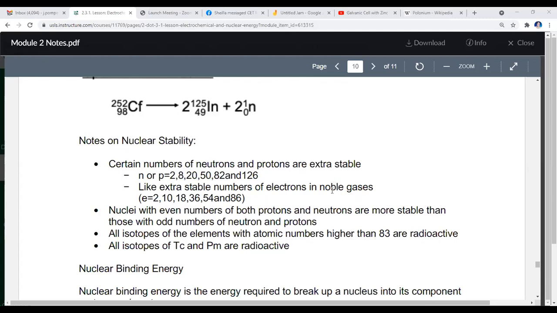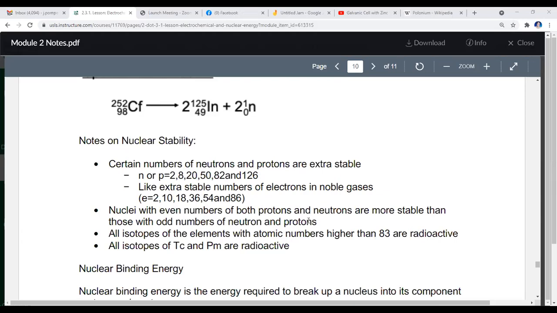But when we speak of the stability of the other elements, other than the noble gases, these are the numbers of protons and neutrons. Now, take note of this: nuclei with even numbers of both protons and neutrons are more stable than those with odd numbers of neutrons and protons.